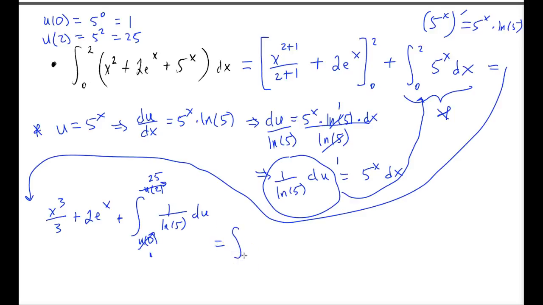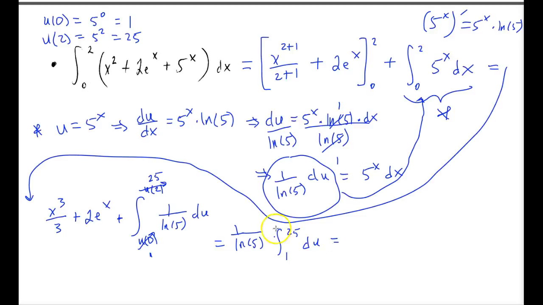So now we have, let's go ahead and pull out that constant 2. So we have 1 over natural log of 5. It's going to be the integral from 1 to 25 of du.